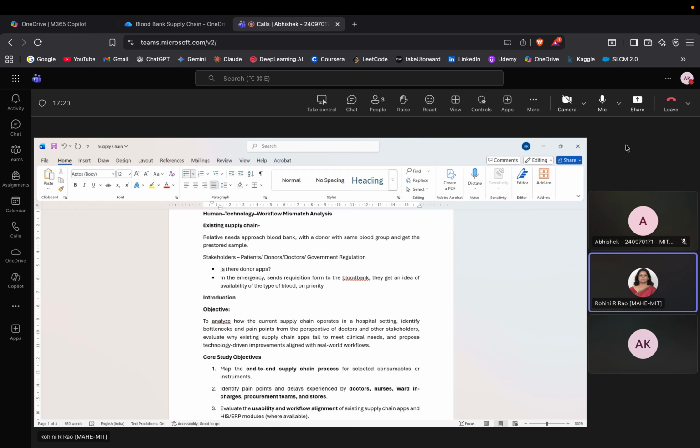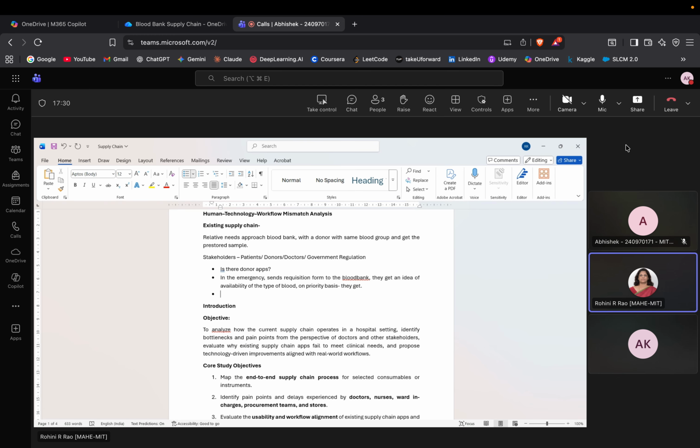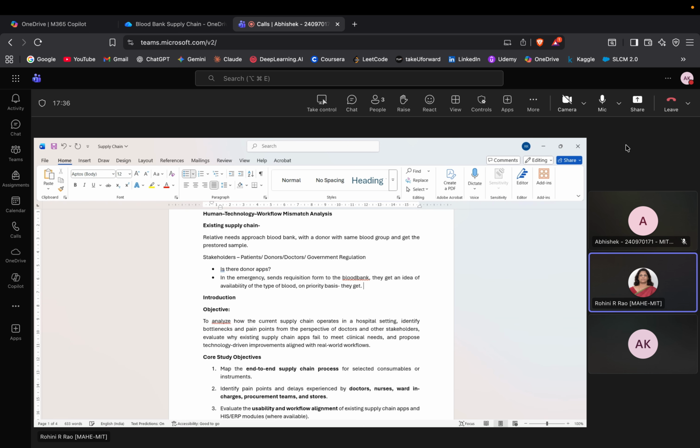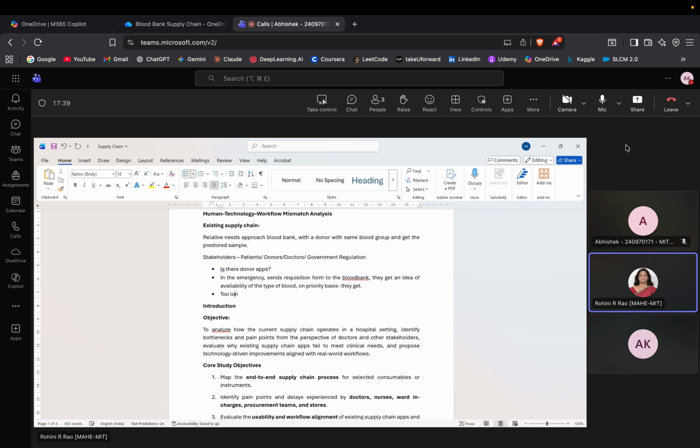If there are two patients with the same blood group requirement, whoever has higher priority gets it. From what I remember, she said this whole thing takes about 4 hours. It takes too long, and surgery is delayed because of that.